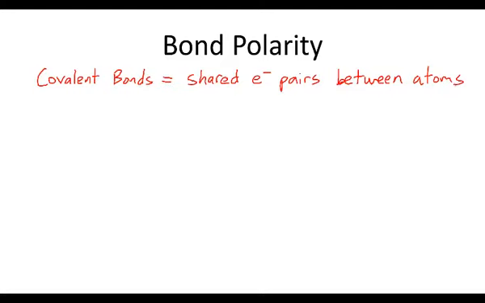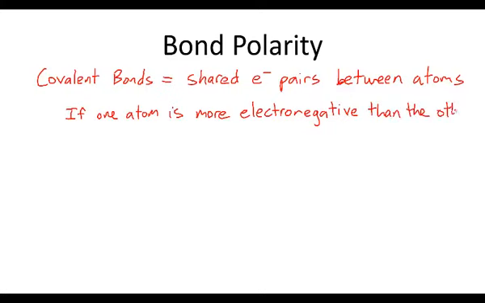Usually one atom pulls more strongly on the electrons than the other, and that makes the bond polar. So when one atom is stronger than the other, it pulls the shared electrons closer.